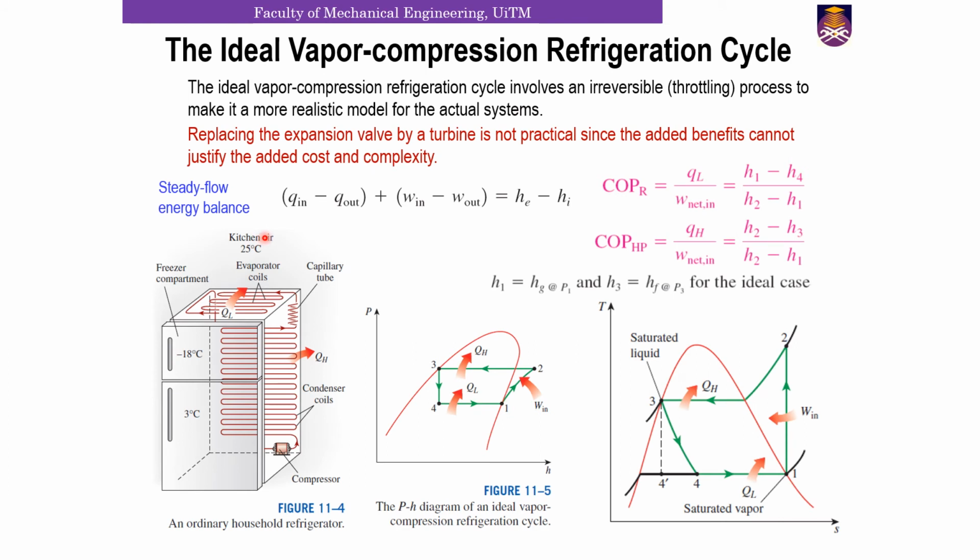So some formulas that we need to understand before we move in further. Now we have discussed about ideal vapor compression refrigeration cycle. We have also discussed about the reverse Carnot cycle. I would like to point out here that the reverse Carnot cycle is the most efficient refrigeration cycle, operating between two specified temperature levels.